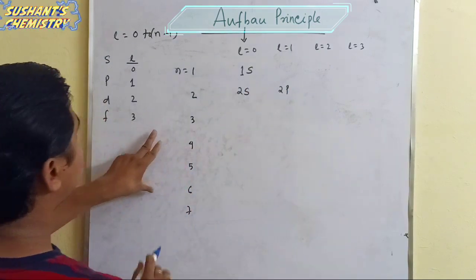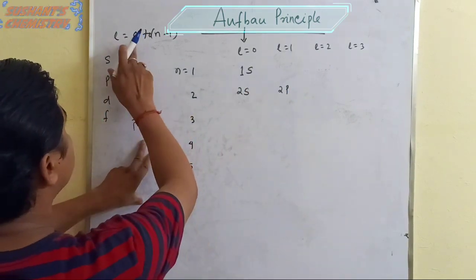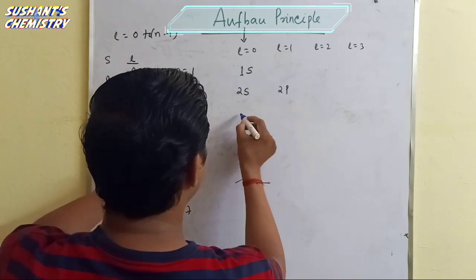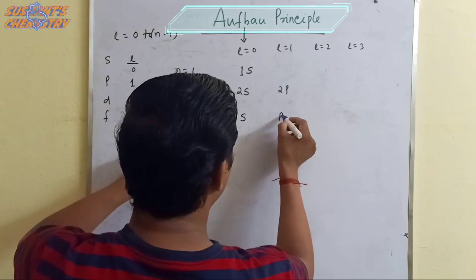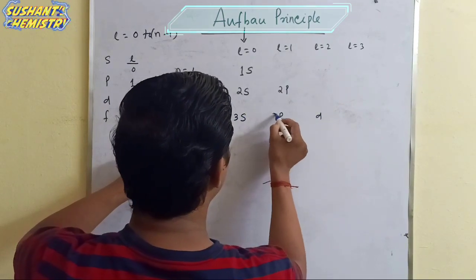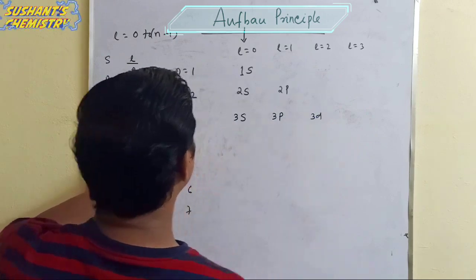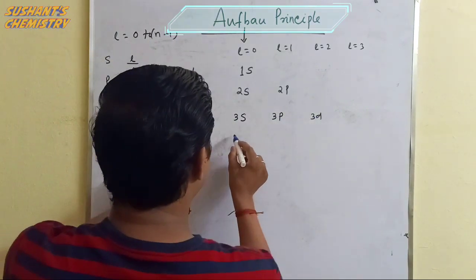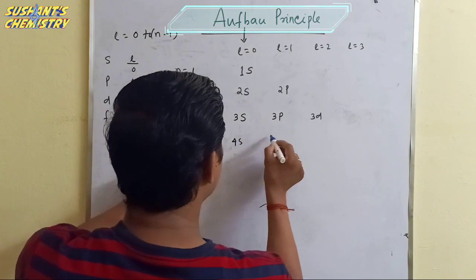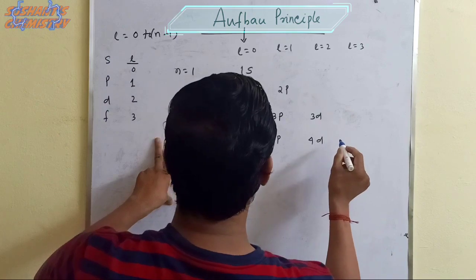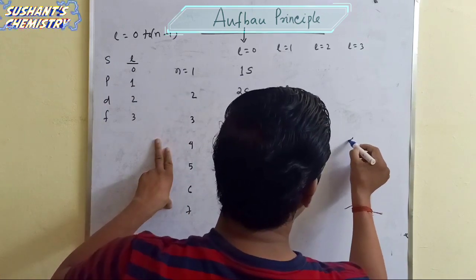Similarly, for 3 we get l equal to 0, 1, 2, that is 3s, 3p, 3d. For 4 we get 4s, 4p, 4d and 4f.